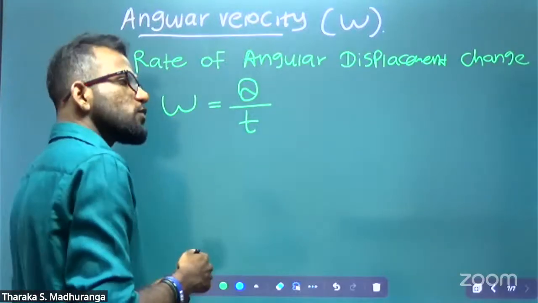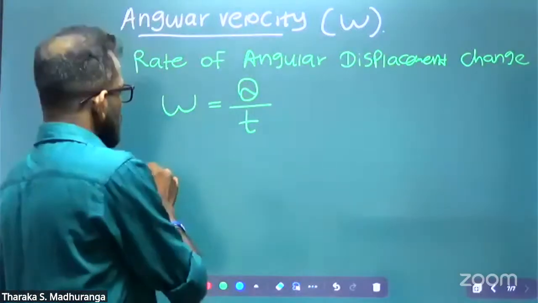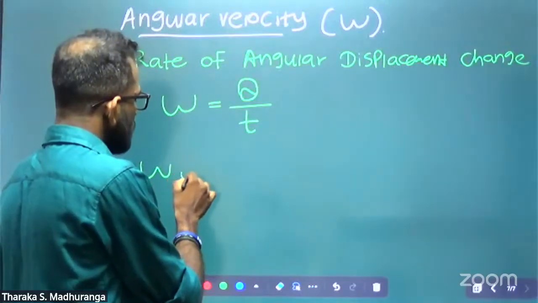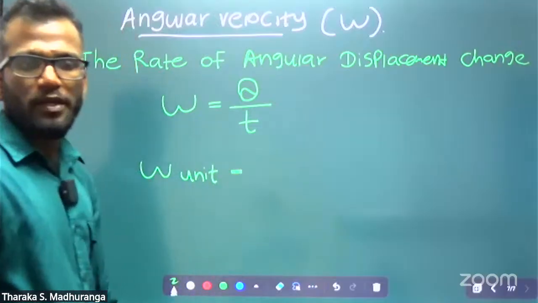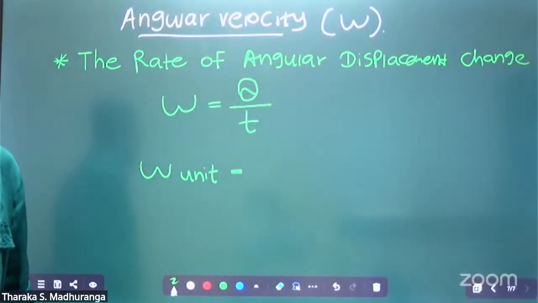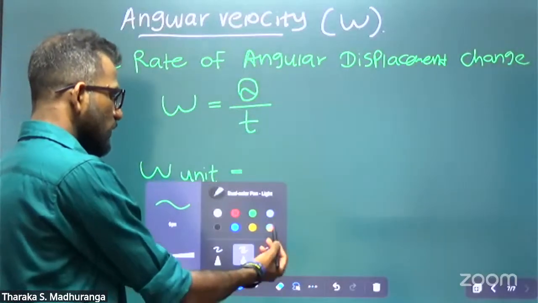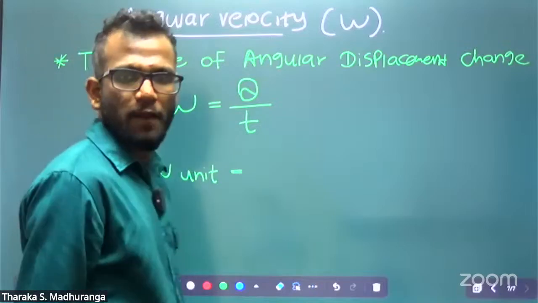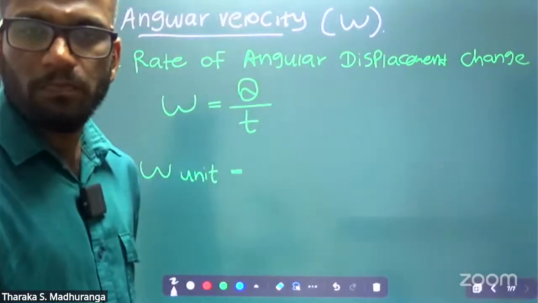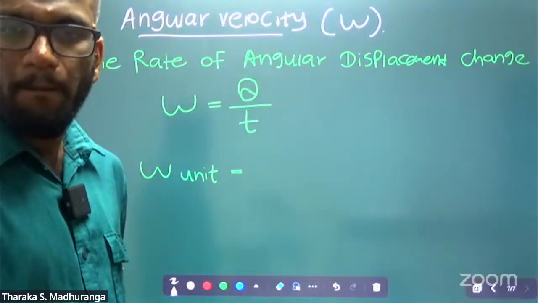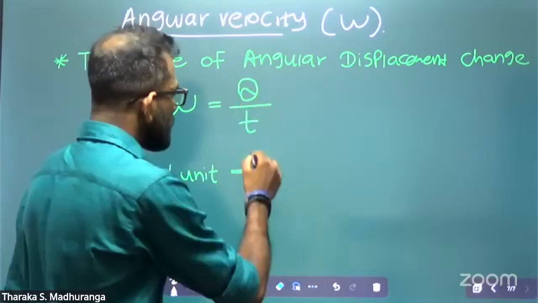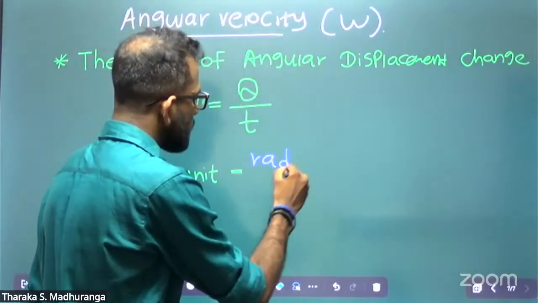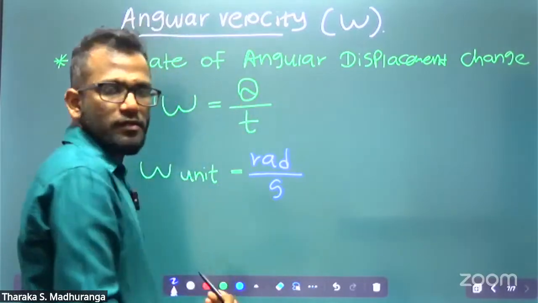Now what is the unit of angular velocity? What do you think? The standard unit of angular velocity, omega? Very good. The unit of theta is radian divided by second.